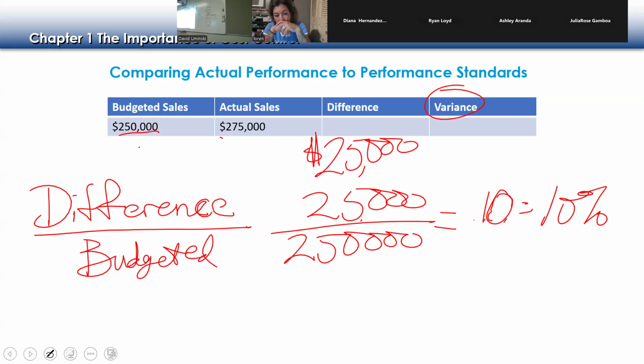Then I take that difference number, 25,000, and I divide by my original budget number, whatever that original budget number is, because I want to know how much I went above or below my budget. So that difference is the part, and that budgeted number is the whole. We'll do another example.